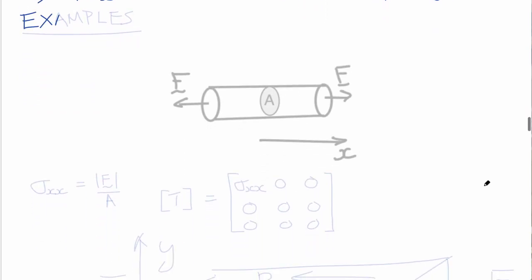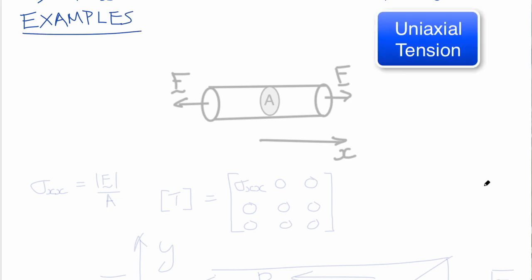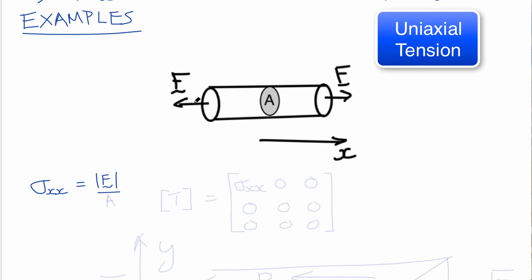So we'll finish now with a couple of simple examples. The simplest stress field we could imagine is this uniaxial tensile stress field. Imagine we have a uniform cylinder with cross-sectional area A and forces acting outwards at the ends, F, in the x direction.